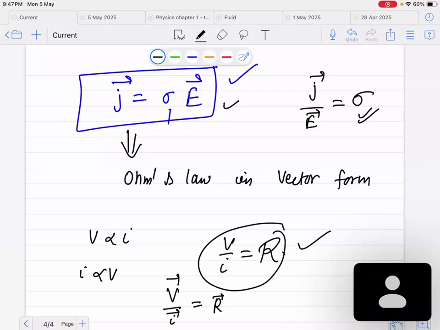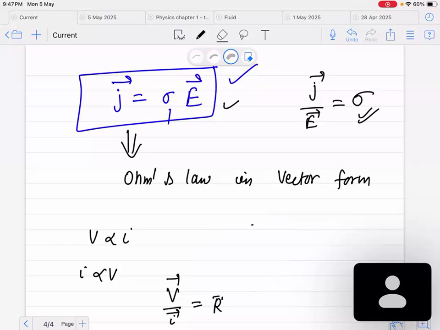They are just trying to put a vector sign. They think that Ohm's law in vector form means putting a vector sign. Not all the students, but the major audience. So this is the Ohm's law in vector form.